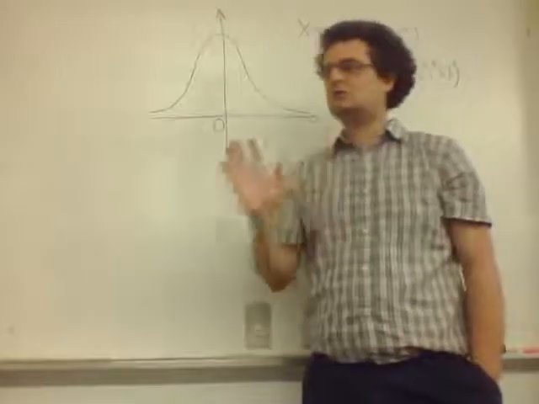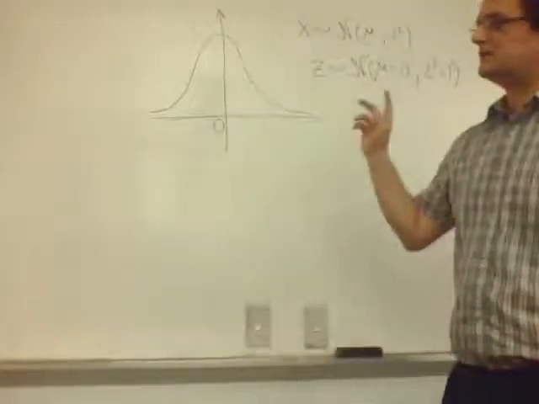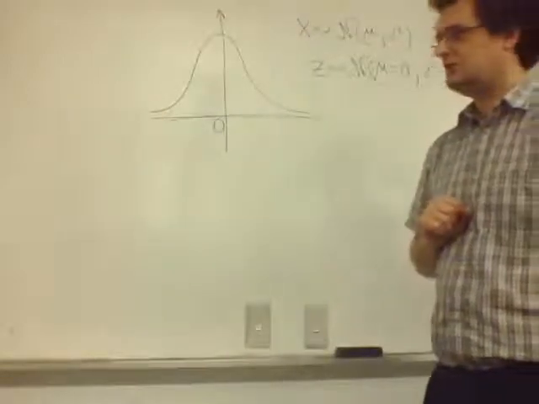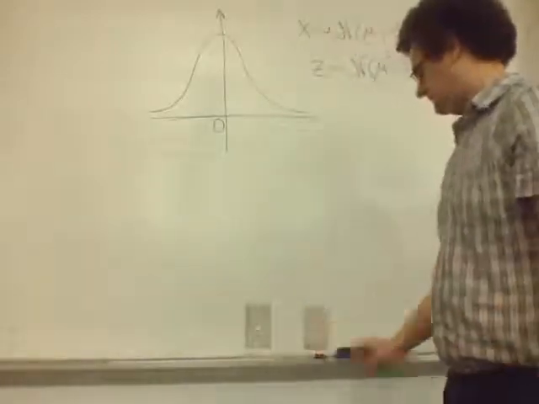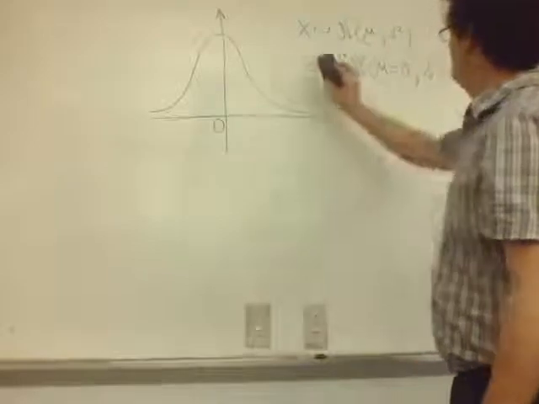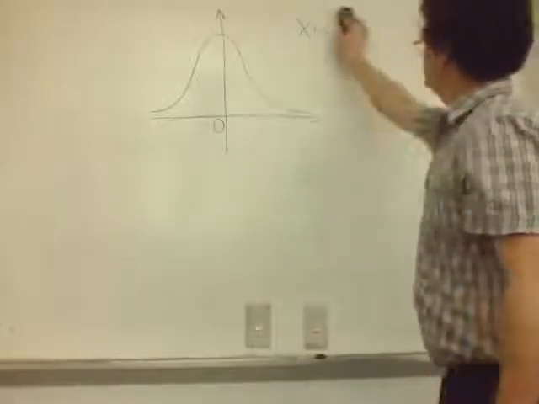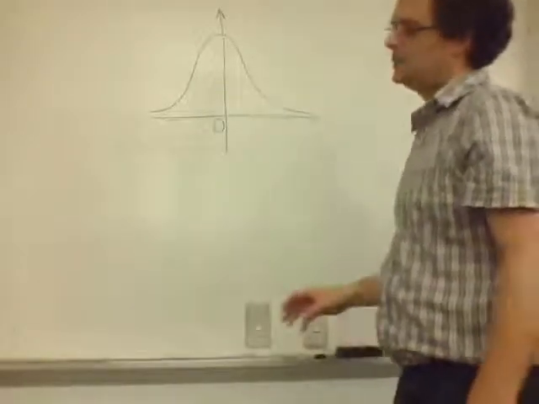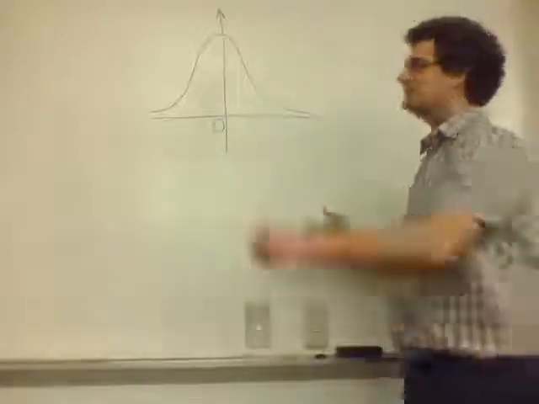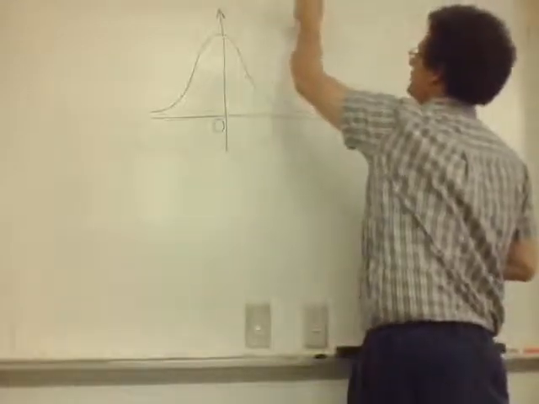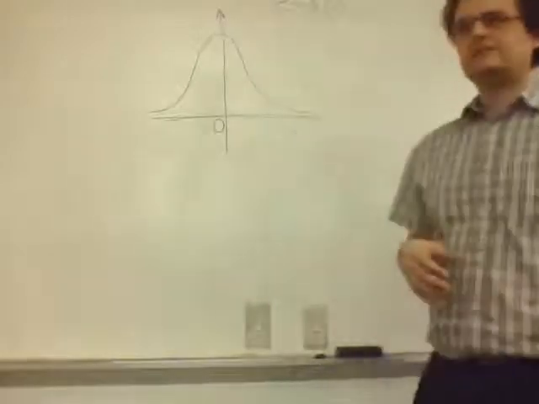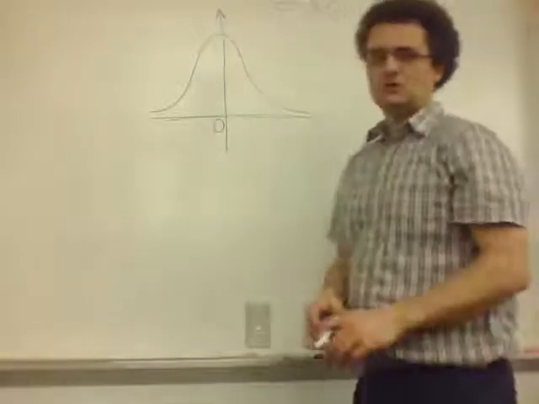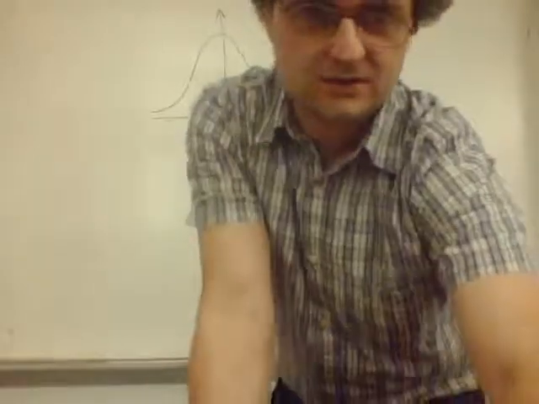But for now, we just need some basics of the standard normal distribution. So here is an example. In this section, we are going to compute probabilities that the standard normal distribution falls in some interval. Okay, here is the first problem.